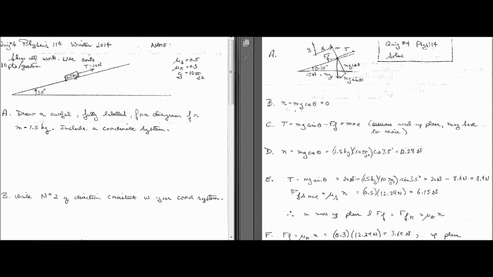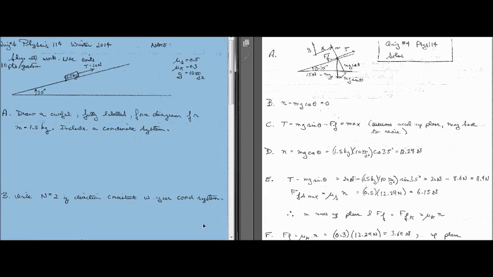Based on y being up, I have a positive force, that's N, and I have one negative force, mg cosine theta. Therefore my Newton number 2 in the y direction is N minus mg cosine theta is equal to 0. There's no acceleration in the y direction, and therefore the forces have to add to 0.